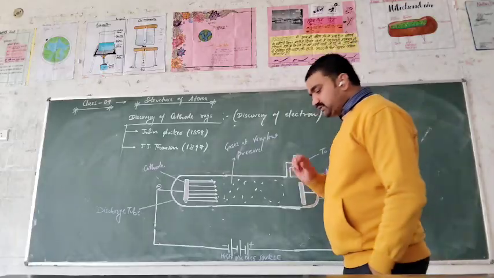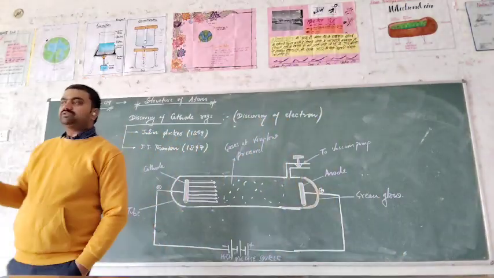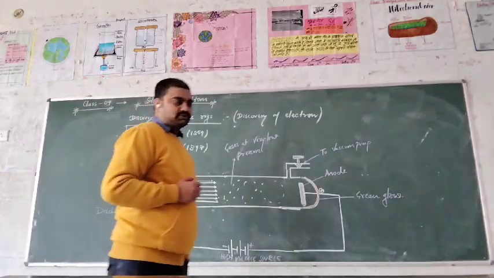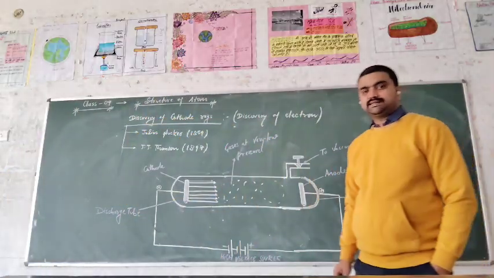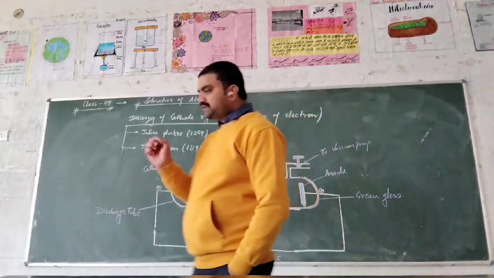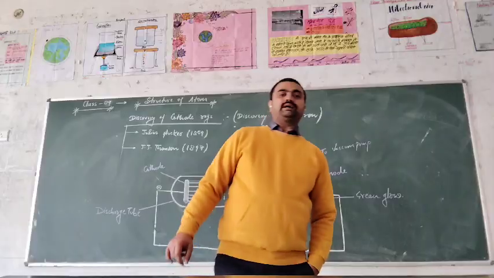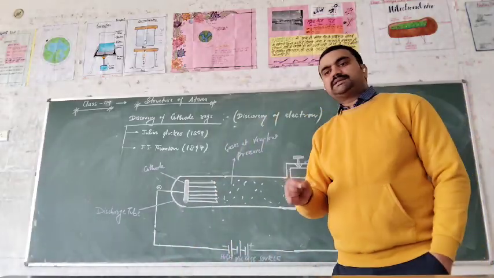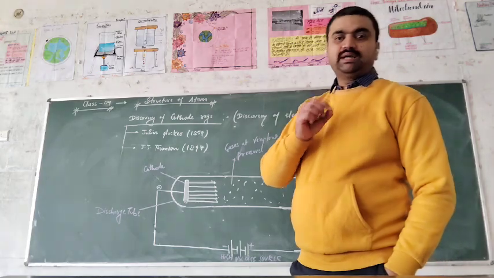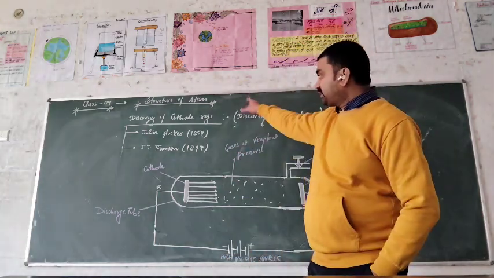And then there was a matter of debate whether we can also pass electricity through gases or not. Many scientists were engaged in passing electricity through gases, but the first scientist was Julius Plucker, in 1859, who successfully passed the electric current through gases and explained the cathode rays.